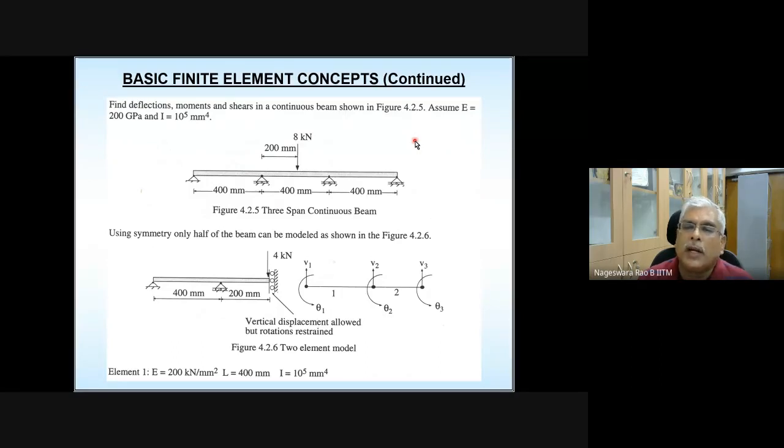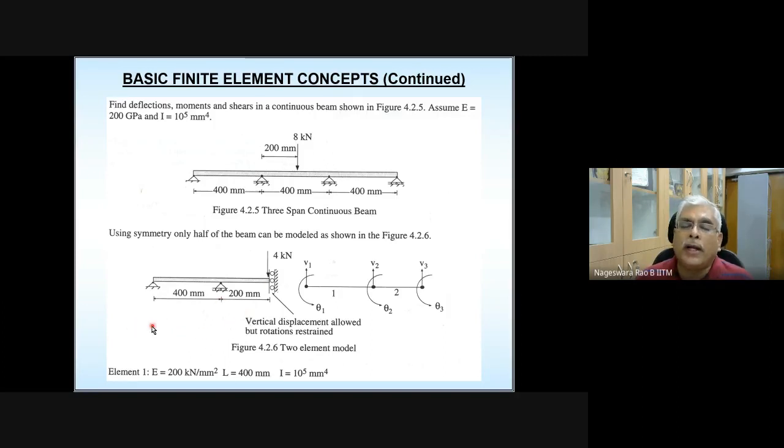But if you are good at identifying what exactly is going to happen on the plane of symmetry, then you can take advantage of symmetry and reduce the size of the problem.